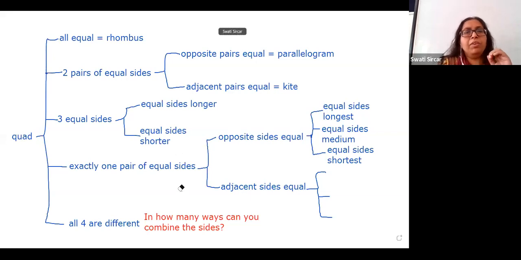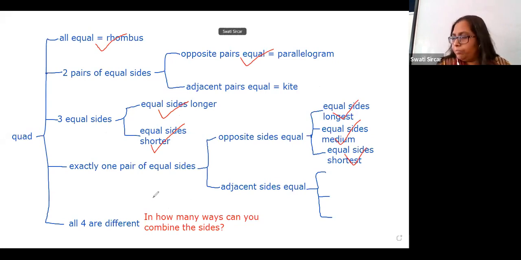We were discussing which ones can have parallel sides. I'll just use a tick to show which ones can have parallel sides. These two definitely can, and these we have definitely checked. This obviously has parallel sides. This has parallel sides.